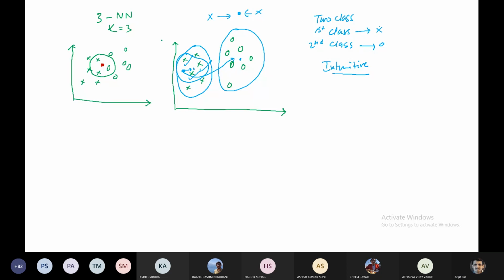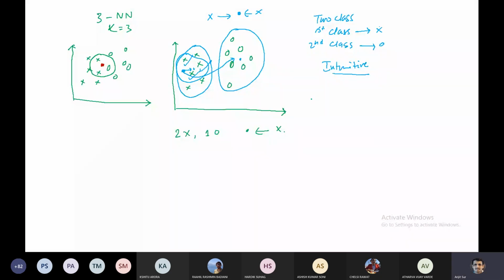Now here you have to use majority voting: 2 crosses and 1 circle. So again, this point belongs to this class. So this is the way it has been defined. So the idea is as simple as this.